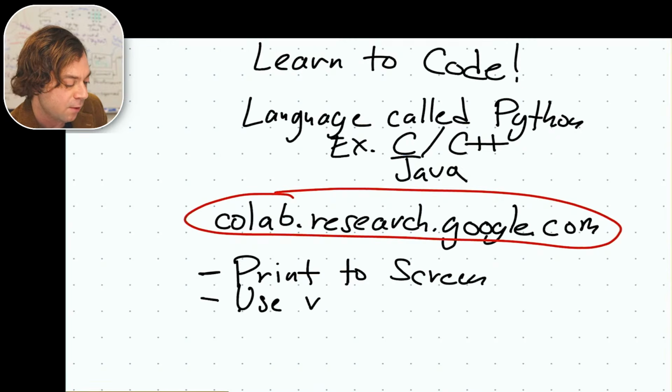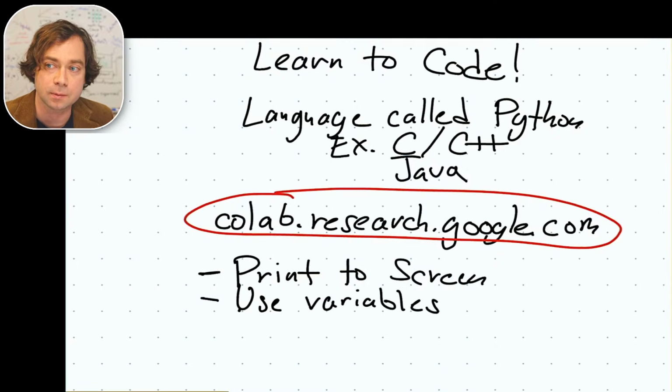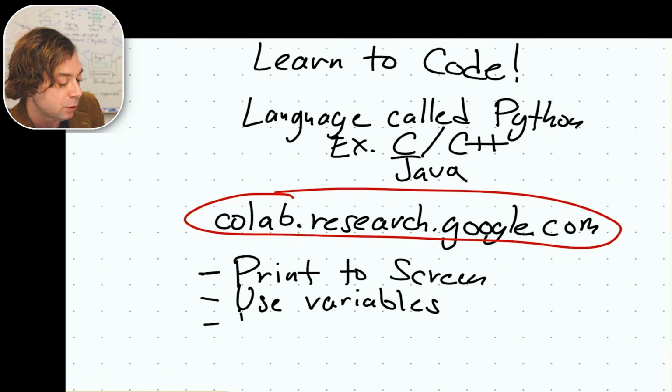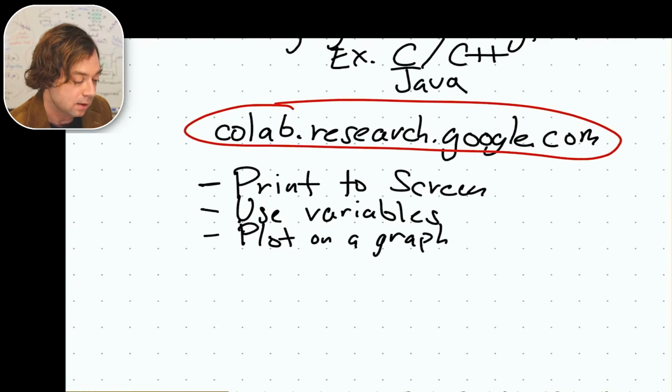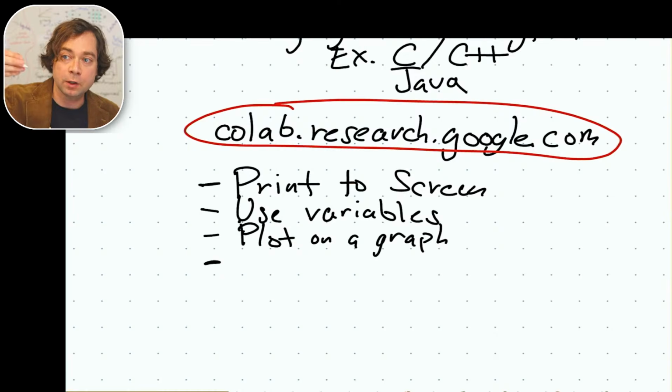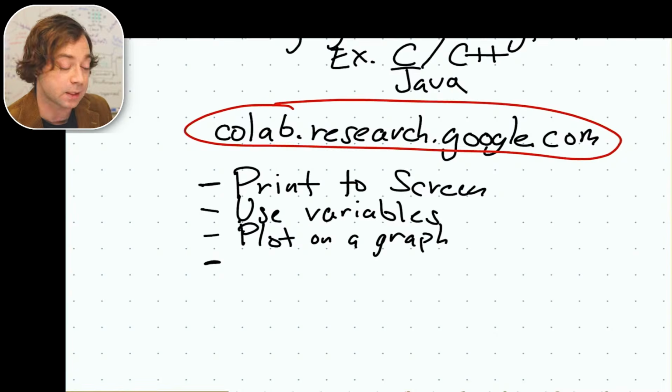Then we're going to use variables. Now, all of you are students. You've probably heard of variables, maybe from a pre-algebra class or an algebra class. It's like those kinds of variables. Then we're going to want to be able to plot on a graph. In Python, we're going to learn how to do that. Then we're going to do something that's really important in programming: when you want to do something over and over and over again, you put it into something called a loop.